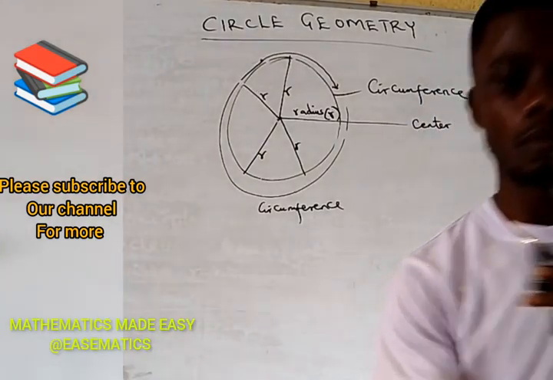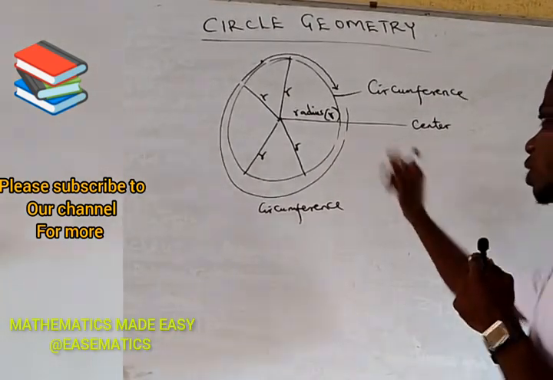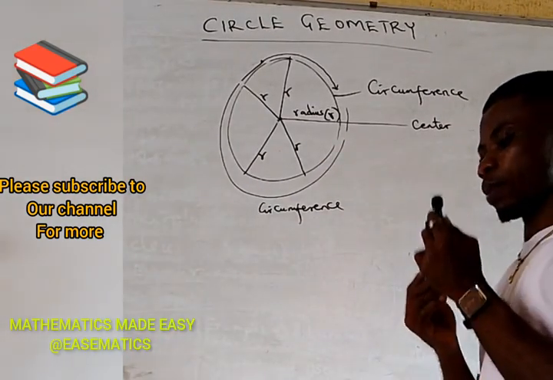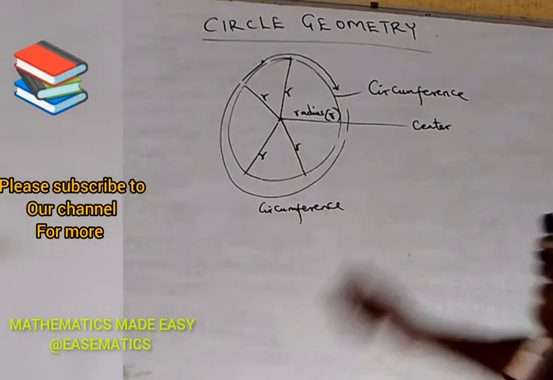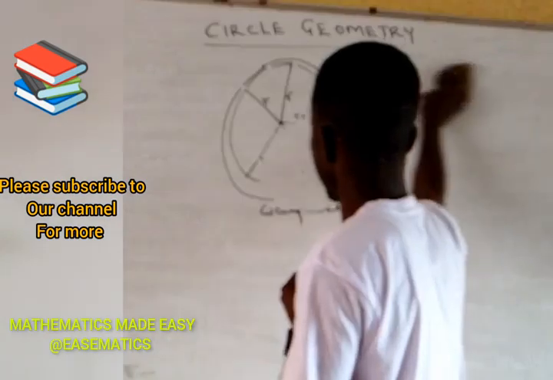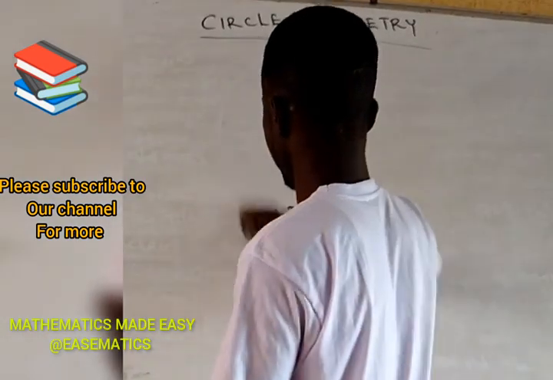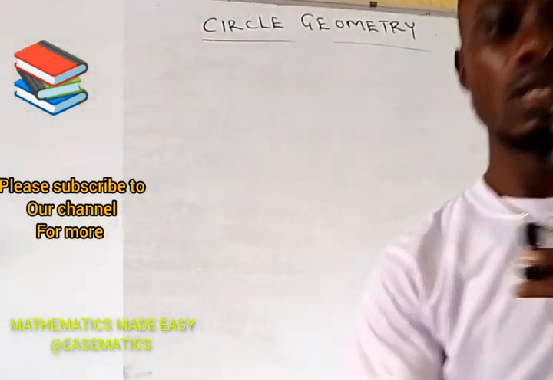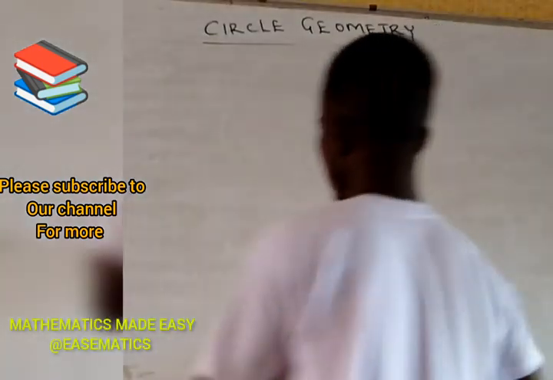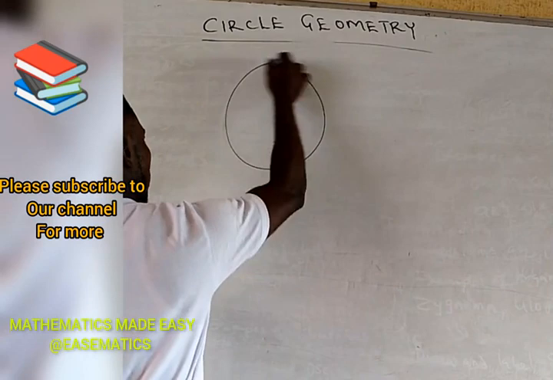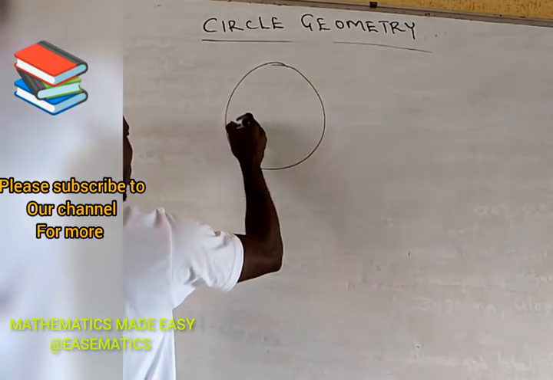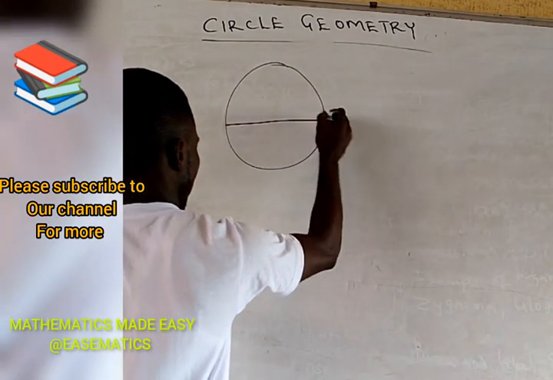Okay, I have mentioned the radius of the circle. Another part of the circle we need to know, aside from the center, the circumference and the radius, is the diameter.